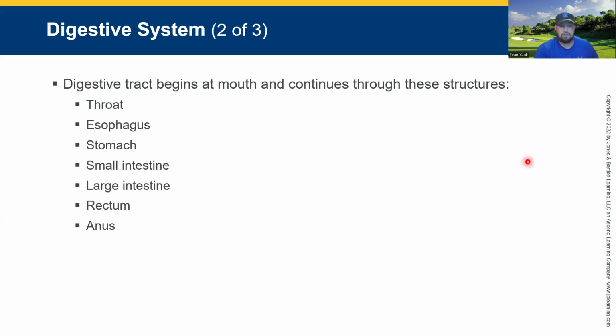The digestive tract begins at the mouth and continues through these other structures. We put stuff in our mouth that goes through our throat, esophagus, stomach, small intestine, large intestine, our rectum, and then our anus. So we all know how we eat, right? We know that if we eat, eventually we're going to go to the bathroom. That is the process right there.